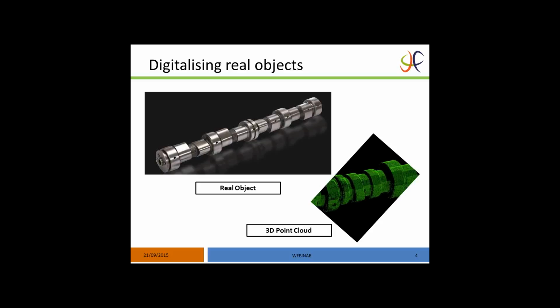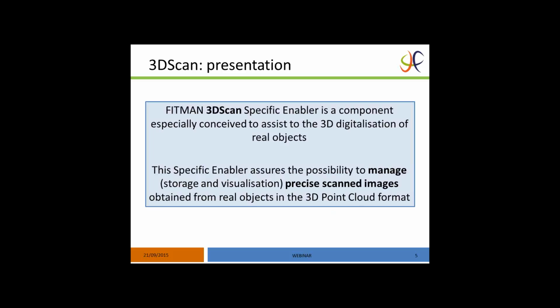So it obviously has some advantages with respect to older technologies in terms of speed. Scanning speed tends to be faster than the other technologies, and also in terms of accuracy. And as I said, we can use these surface files for many applications.